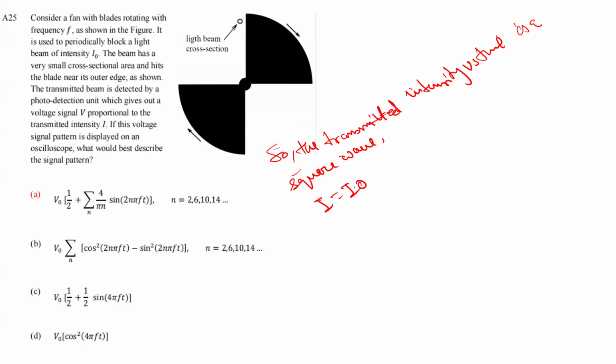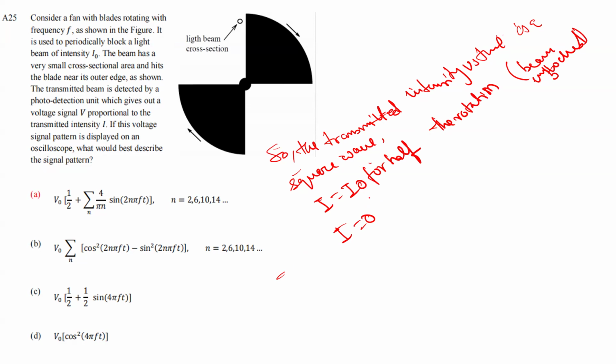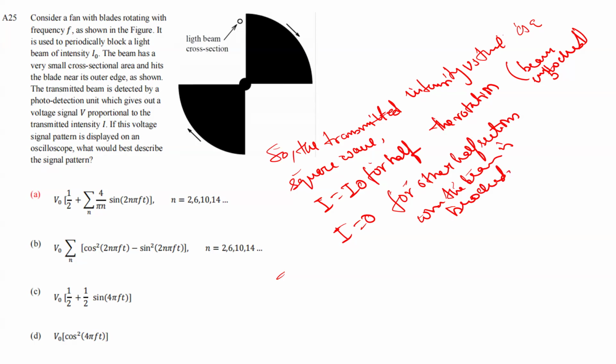I equals I0 for half the rotation when the beam is unblocked, or I equals 0 for the other half of the rotation when the beam is blocked, right?